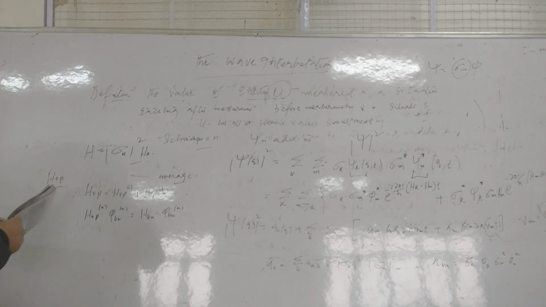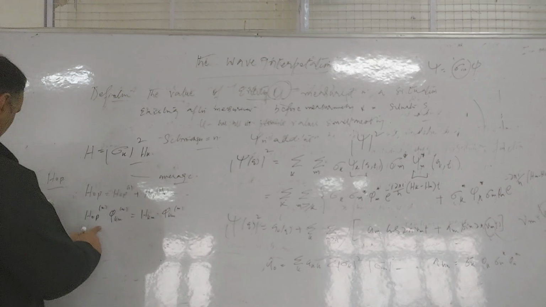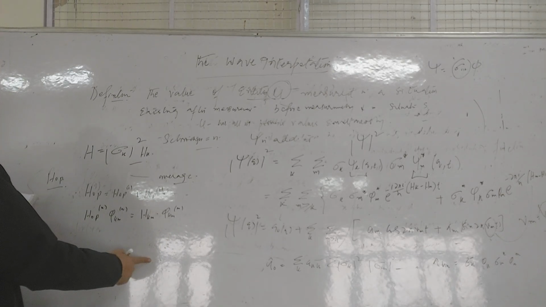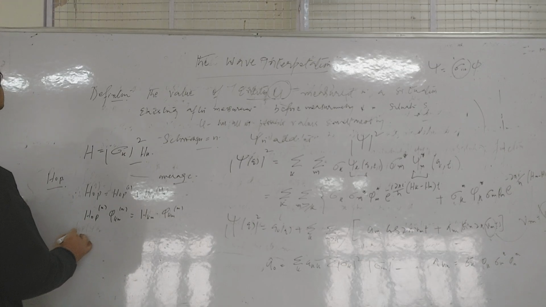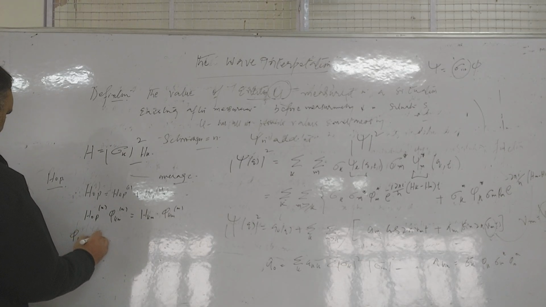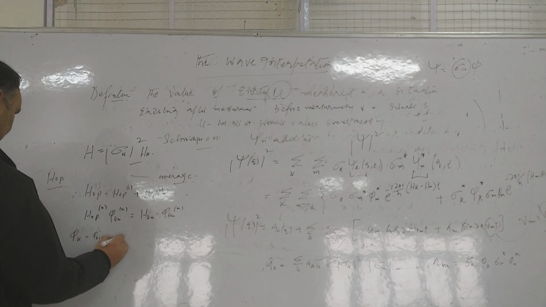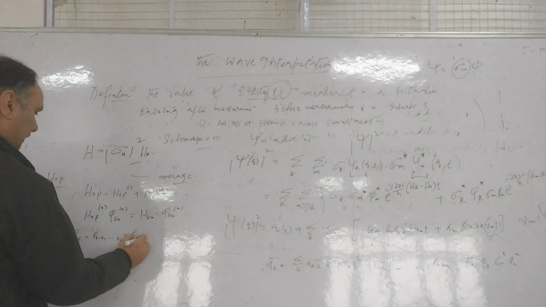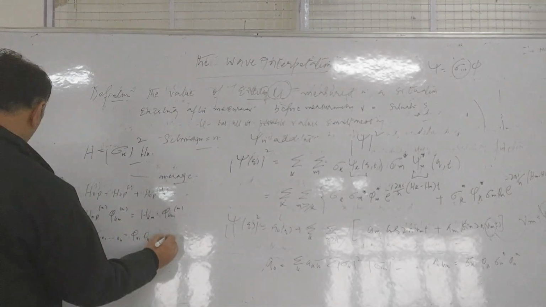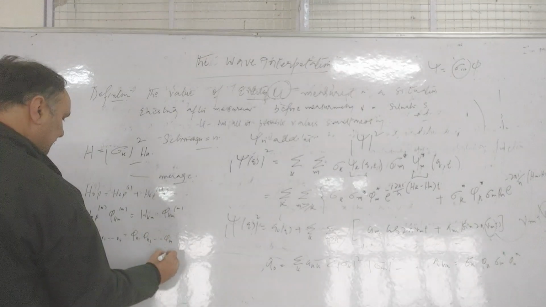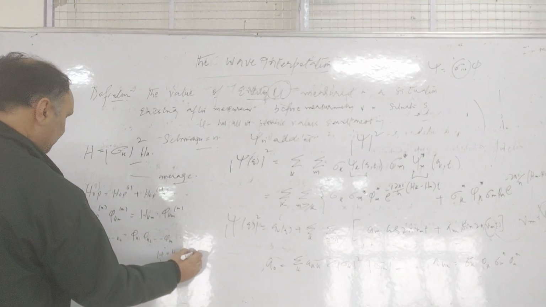Now you can use the same interpretation: phi k can be represented as phi k1 phi k2 and so on, and H is H1 plus, these are different Hamiltonian states.